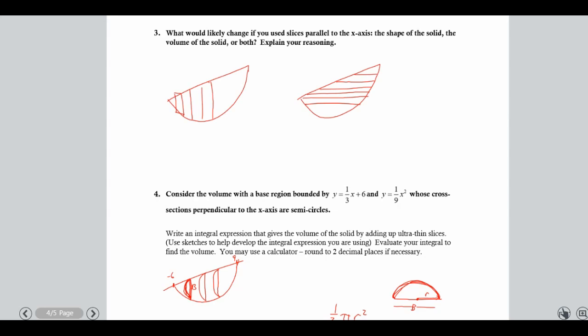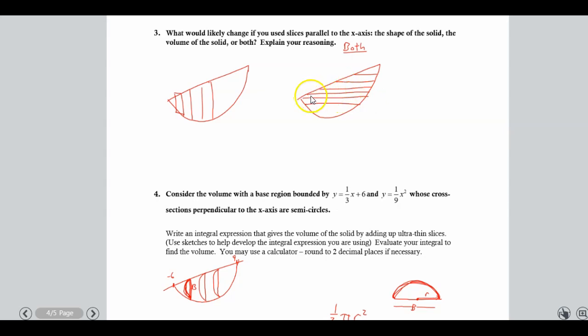Alright, so the answer to this may not be intuitive. The answer is actually both will change. The reason is that if you think about your cross sections, these over here on the left, if they're running perpendicular, are not going to be as long as these over here if they're running parallel to the axis.